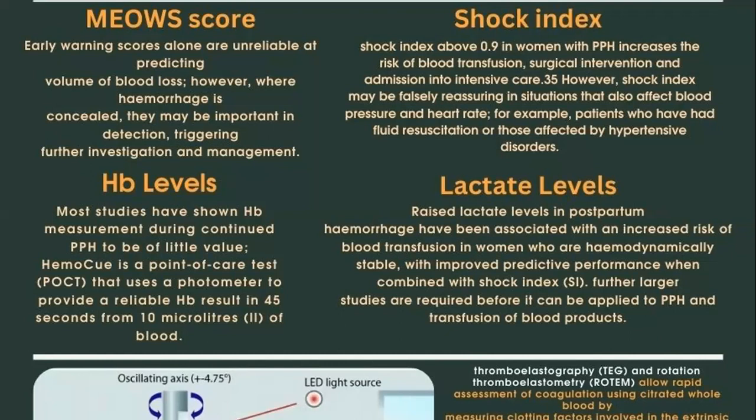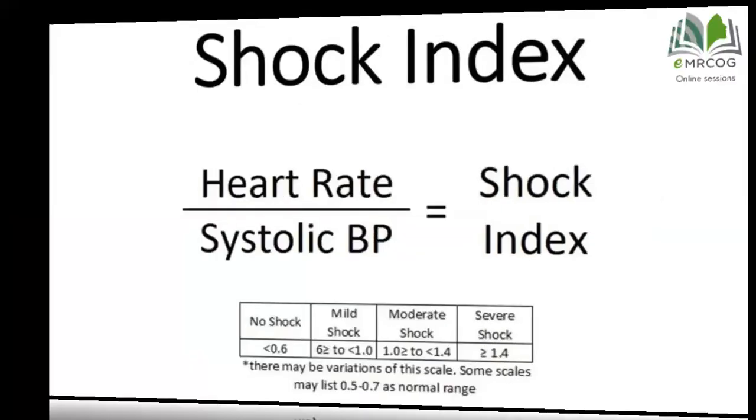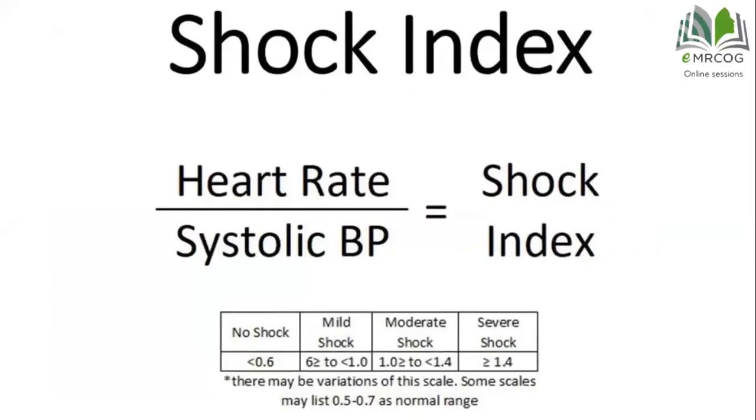So you can say that the shock index is a method to assess the risk, or maybe it's a method to alert you again when to interfere, when to ask for help.